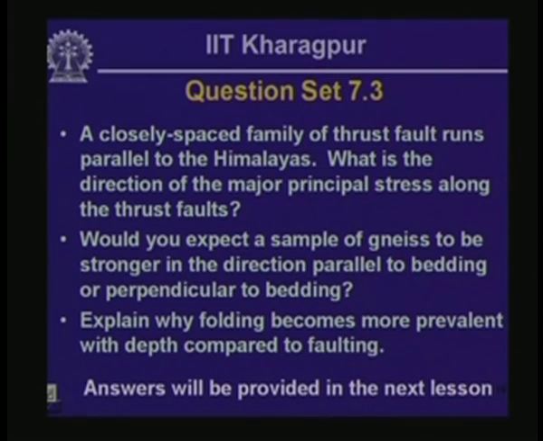The third question is: explain why folding becomes more prevalent with depth compared to faulting. Try to answer these questions in your time, and I am going to give you my answers when I meet you with the next lesson. Until then, bye for now.